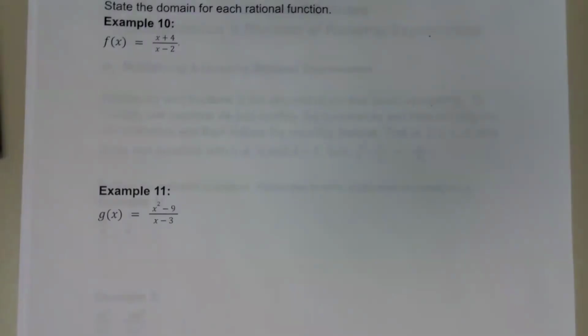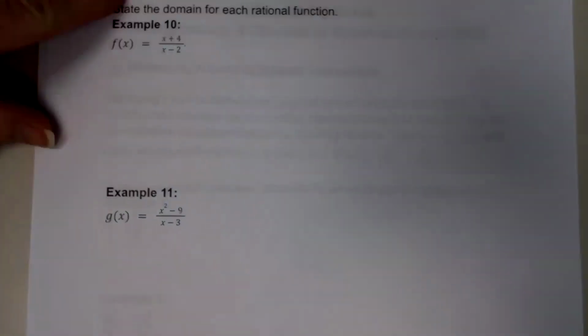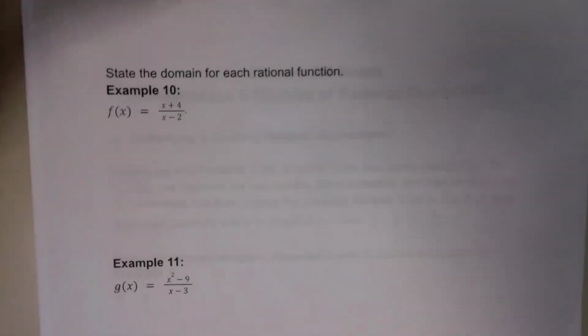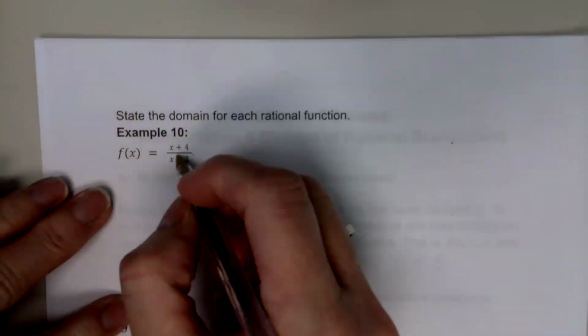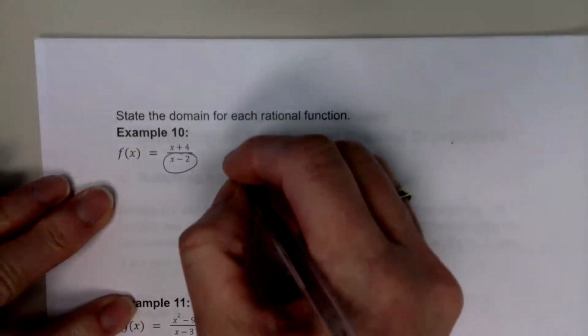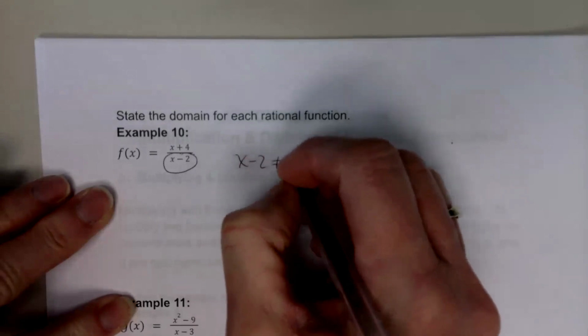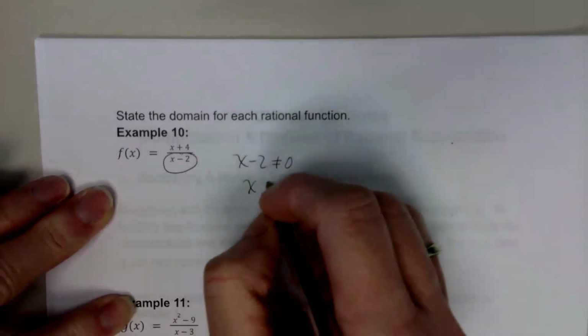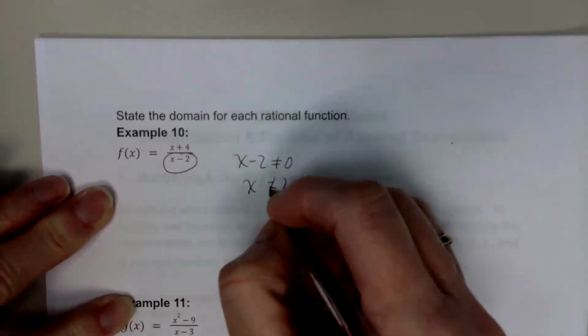So examples 11 and 12 are going to look at the denominator for us in different situations. The only thing we have to worry about is the denominator. So x minus 2 can't equal 0. So that means that x cannot equal 2.